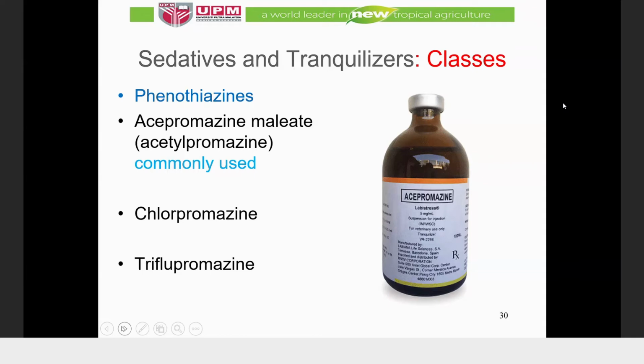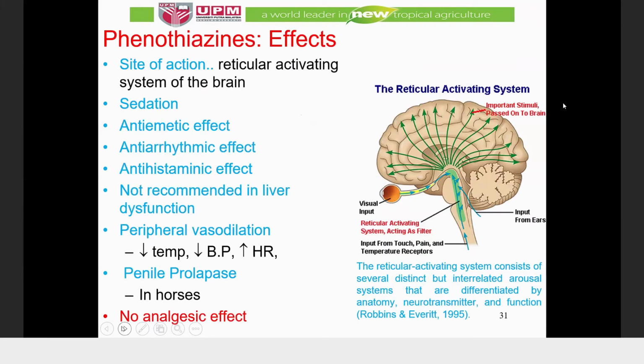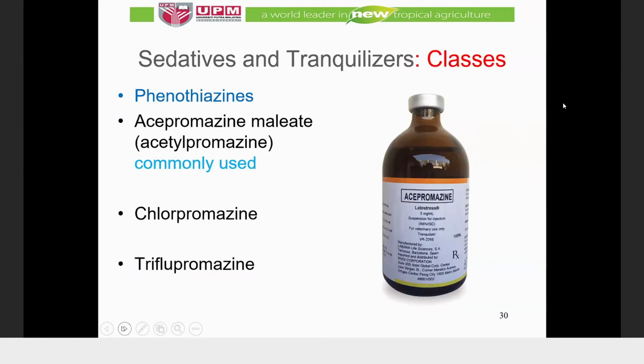These are the most commonly used sedatives and tranquilizers in veterinary medicine. So let's go to the phenothiazines. Most commonly used is acepromazine. There are others, chlorpromazine and triflupromazine, but the one we most commonly use in our clinic is acepromazine.